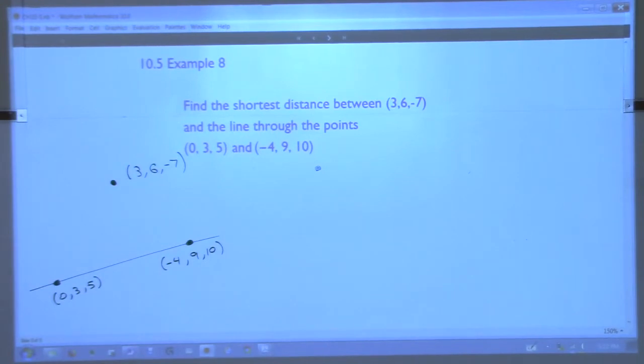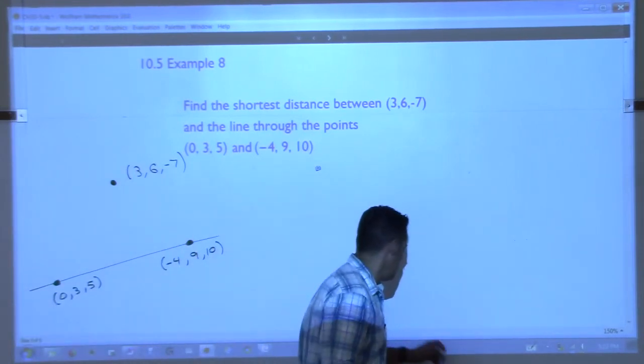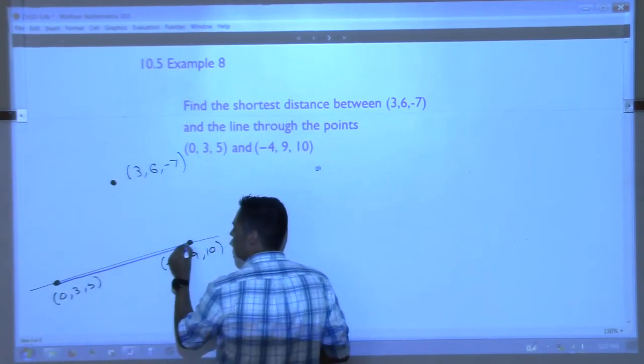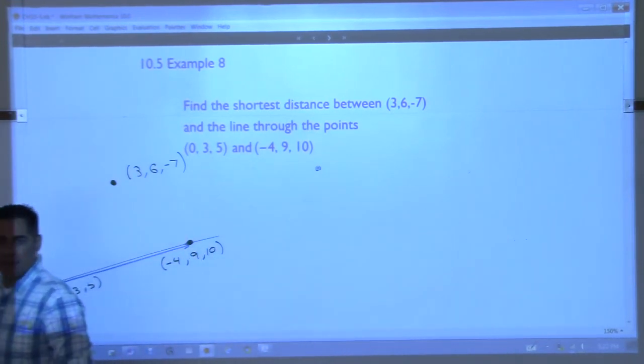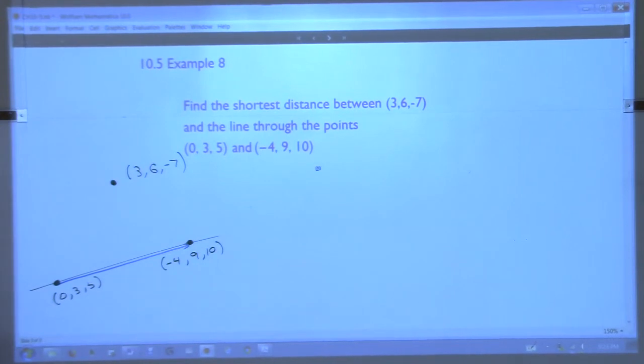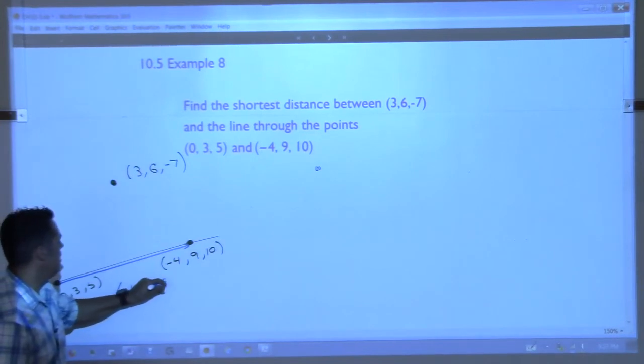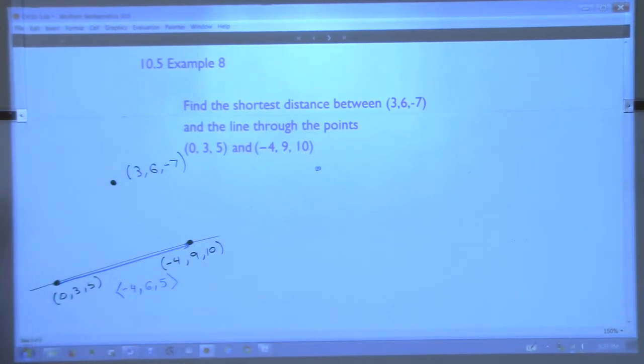I only need two vectors to do this. That's all I need. Two vectors and I'm done. One vector that I need is any vector on this line. That vector right there would work. So what's that vector? Negative 4, 6, 5. Then I need another vector. The vector that goes from where to where?